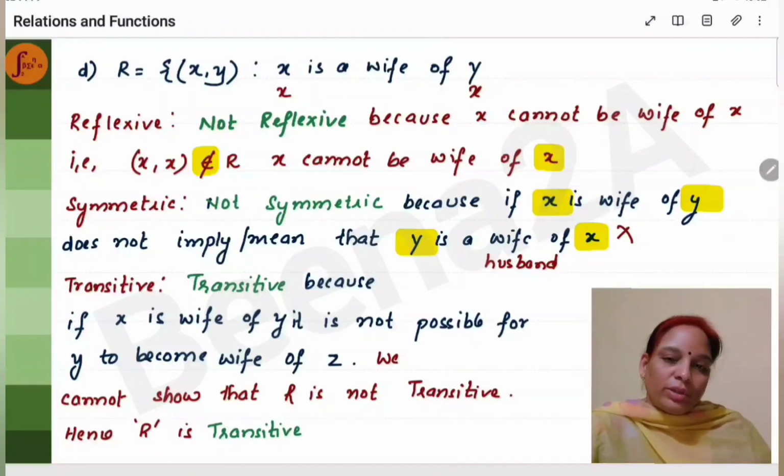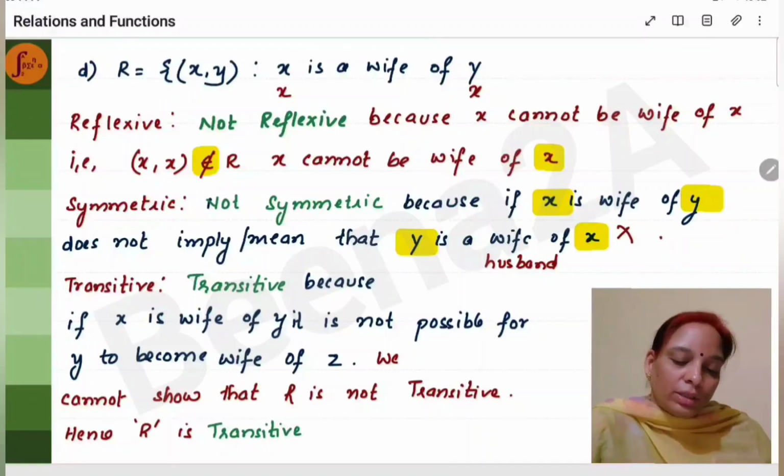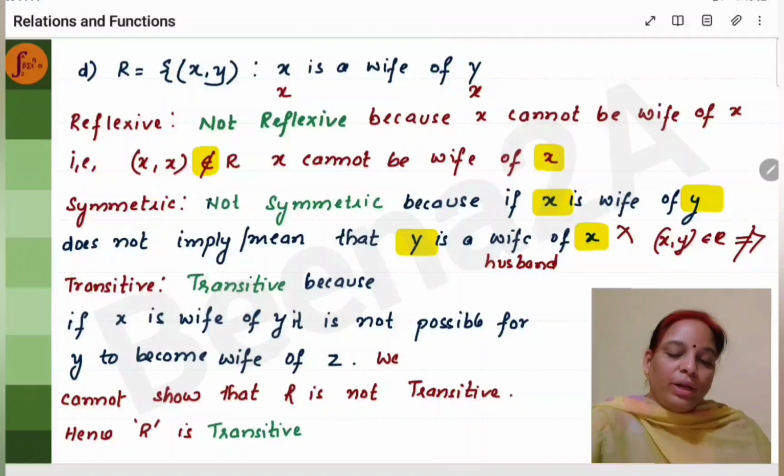Therefore, it's not symmetric. So you should write it this way. It's not symmetric because if X is wife of Y, it does not imply that Y is a wife of X, right? Or you can say (X, Y) belongs to R does not imply that (Y, X) belongs to R.